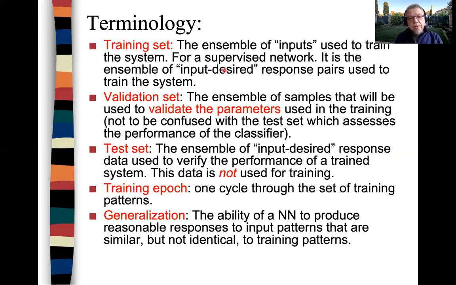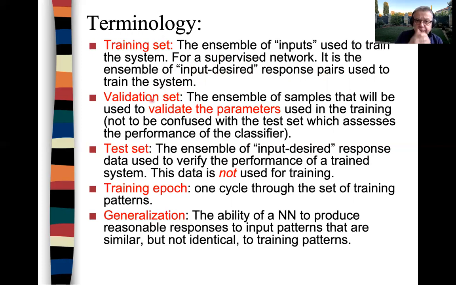Before we go on, let's look at some terminology. Again, the training set is the ensemble of inputs which are used to train the system. For a supervised network, it is the ensemble of input, desired output, response pairs used to train the system. So you have the input and the desired output, or the ground truth.